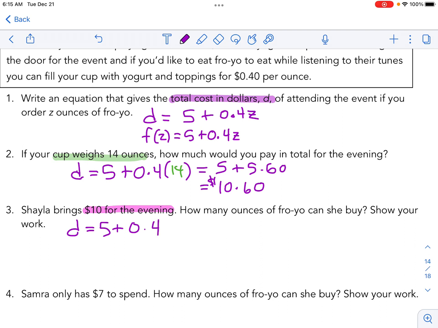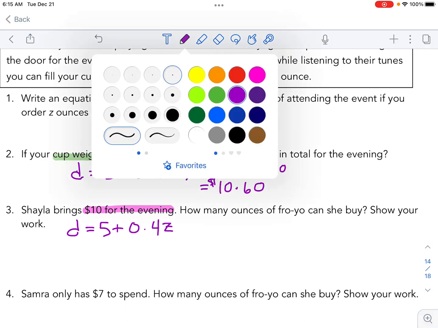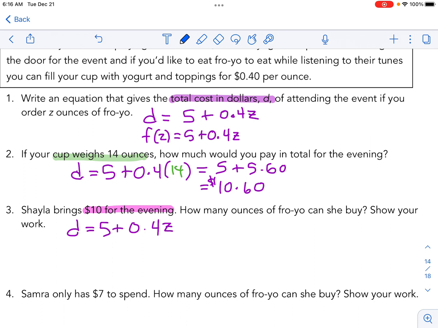In that case, we're going back to that same function, and we're saying, okay, I know my output. If we think about it in terms of input and output, the total cost in dollars is the output, and the number of ounces of froyo is the input.